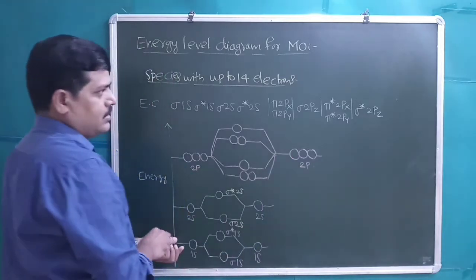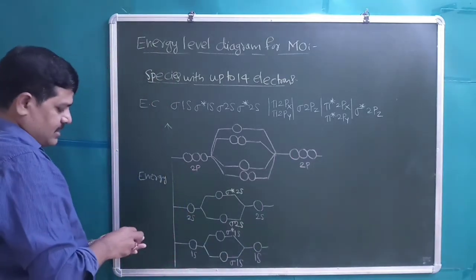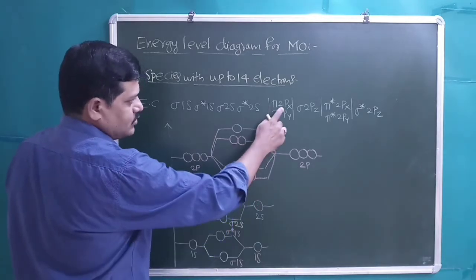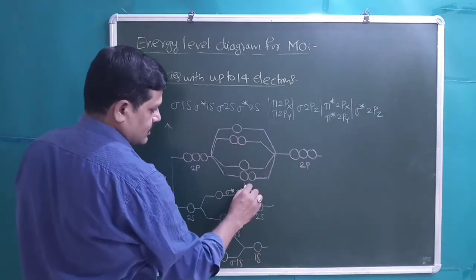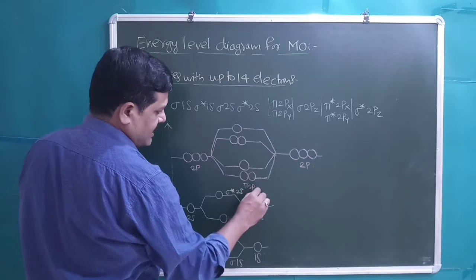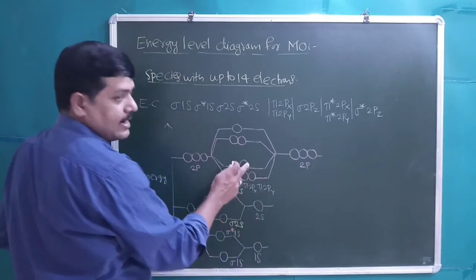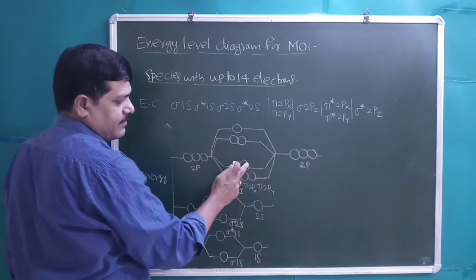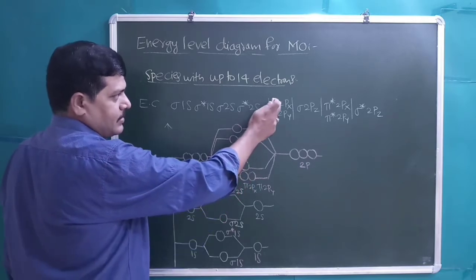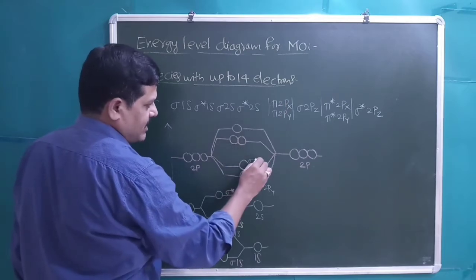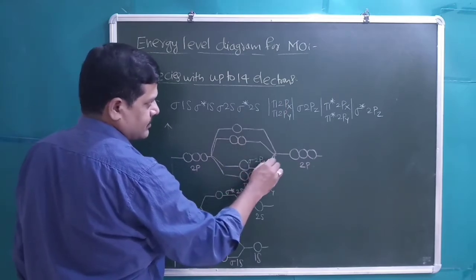Next level, sigma star 2pz is present, right? Here, these two orbitals are pi 2px and pi 2py, and the single orbital, which has more energy than the pi bonding molecular orbitals, is the sigma 2pz orbital.